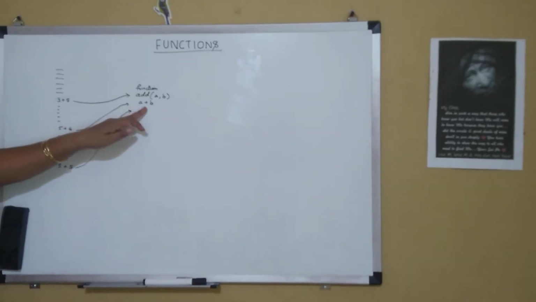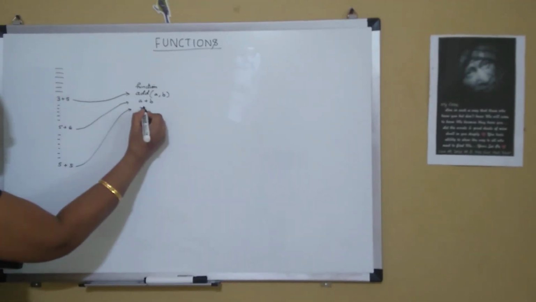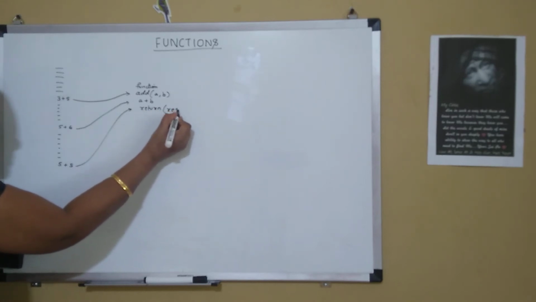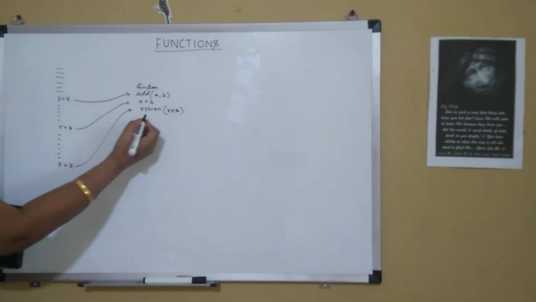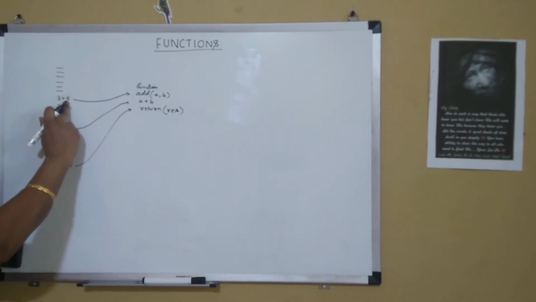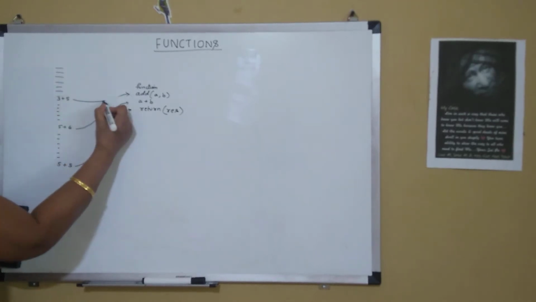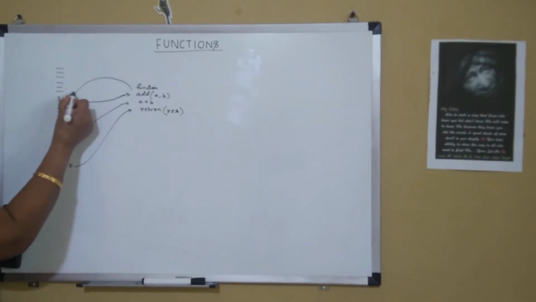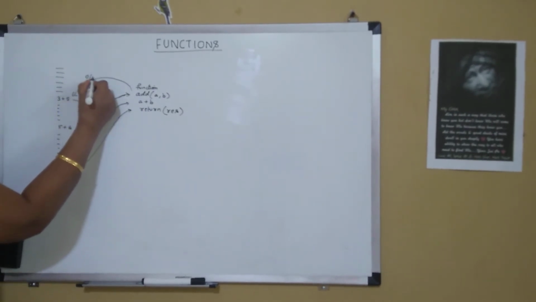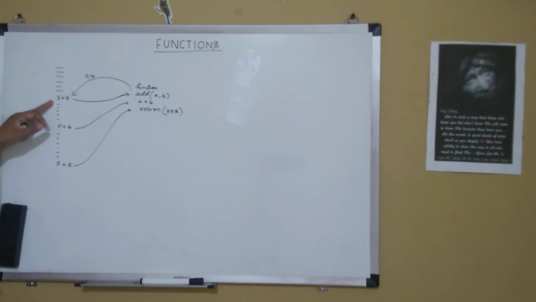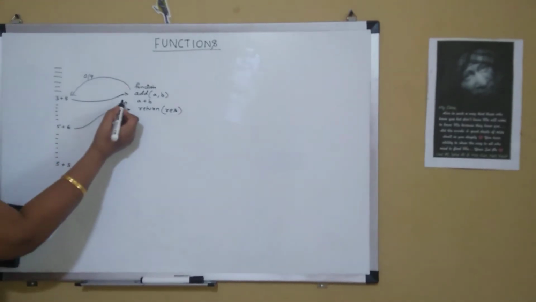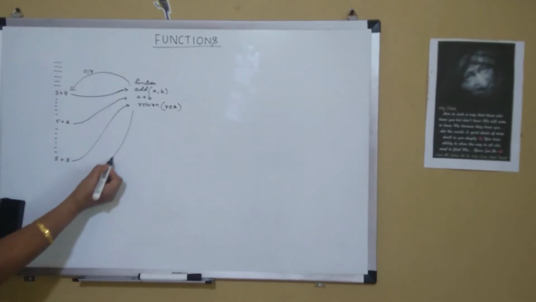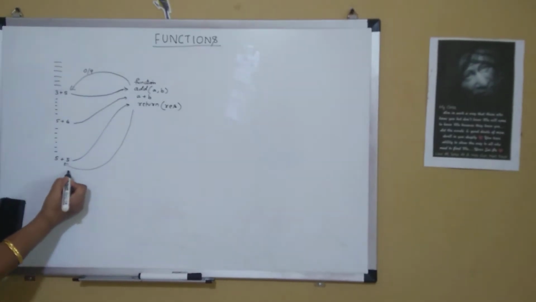And after adding the numbers, the function can return the result. Return res, which is the result. So we are passing the input to the function, and the function in turn will return the output to the caller statement.